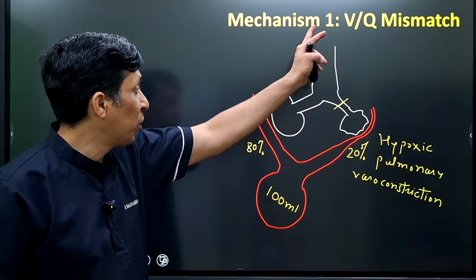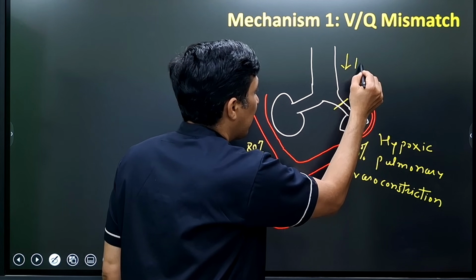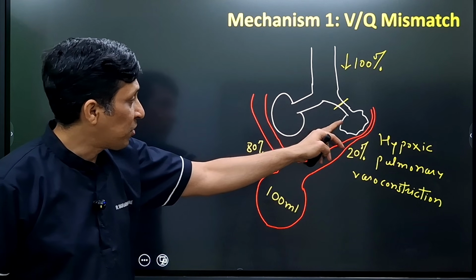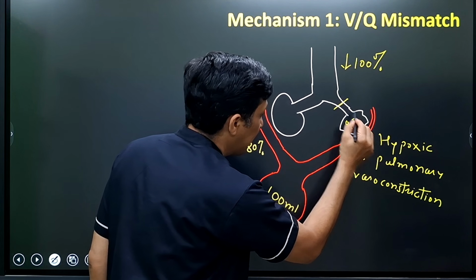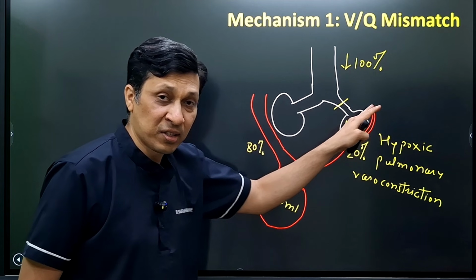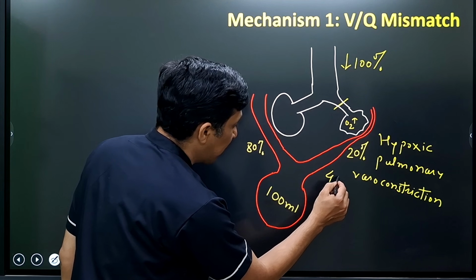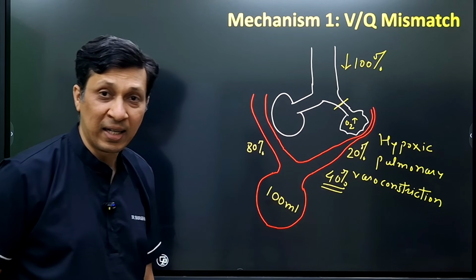Now, when you give 100% oxygen to this patient, what will happen? The oxygen in the poorly ventilated alveoli will increase, and due to it, the hypoxic pulmonary vasoconstriction is lost. Now, say about 40% of blood is flowing through the poorly ventilated lungs.